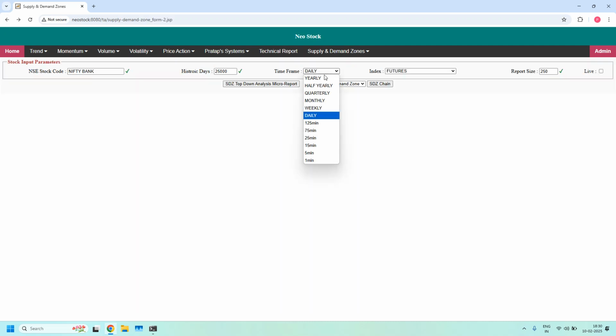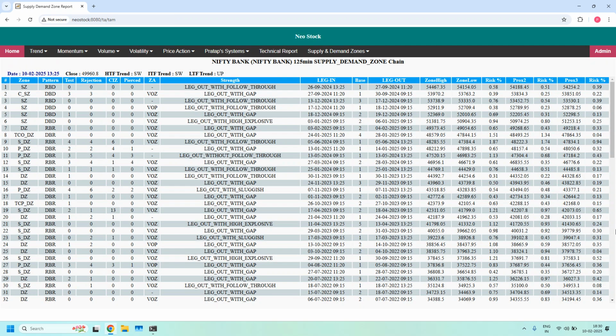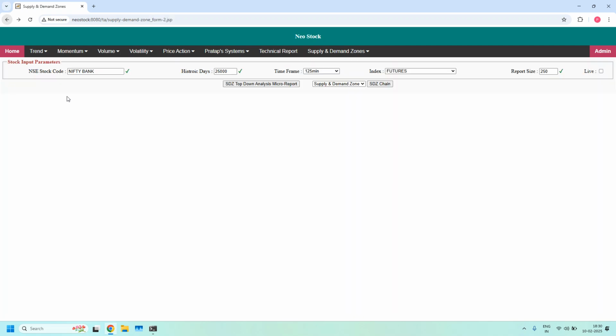Next, 125 minutes supply demand zone chain for Bank Nifty.